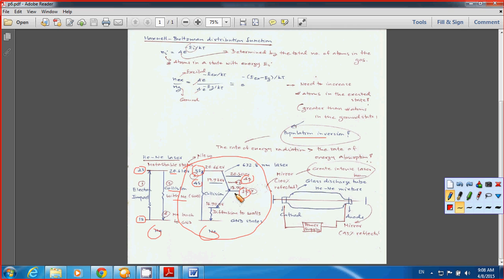And that's why, in general, you have more and more atoms at the excited state, because you have photons that give away their energy to atoms at the lower energy level to take them to a higher energy level.